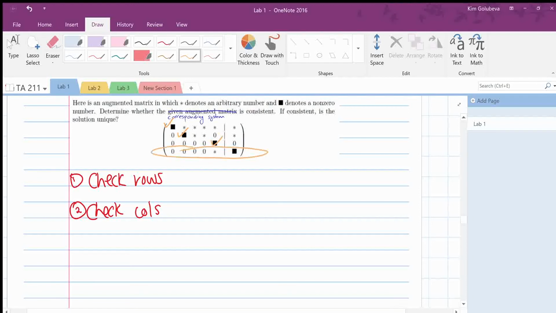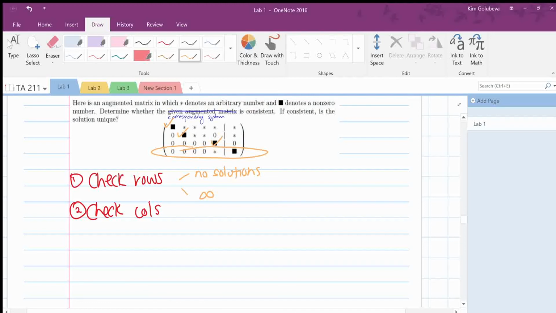Because of that, we don't know if there is a solution. So we don't know if the system is consistent or not. It can either have no solutions at this point or infinitely many solutions.